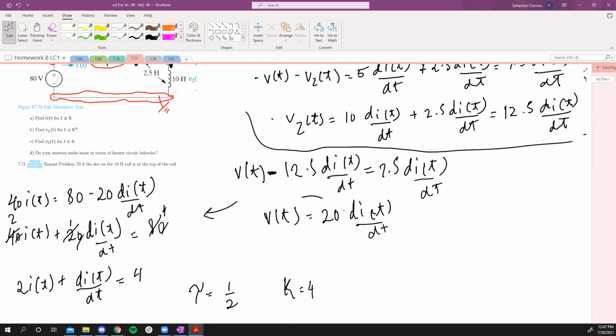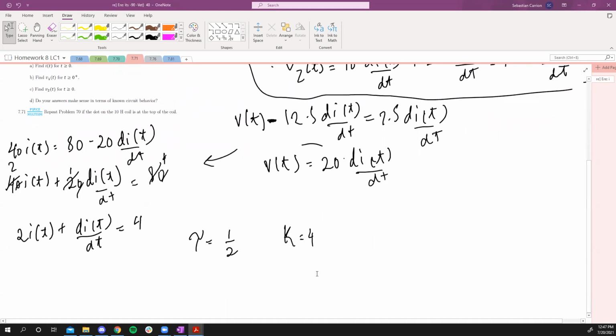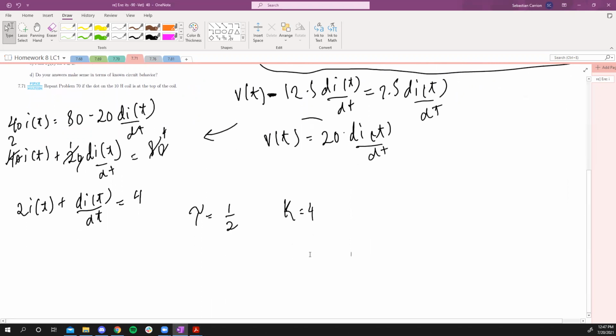So knowing this, we're able to find our I infinity. Our I infinity is going to be equal to 1 over 2 times 4, which is 2. And our I at 0 is going to be equal to 0.